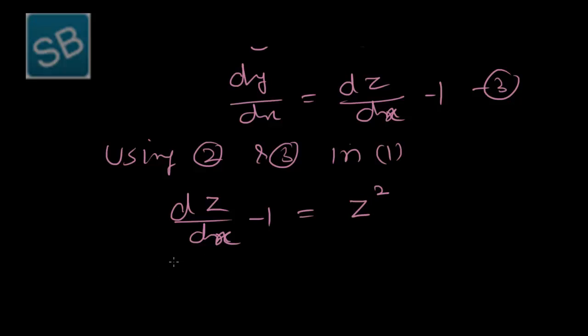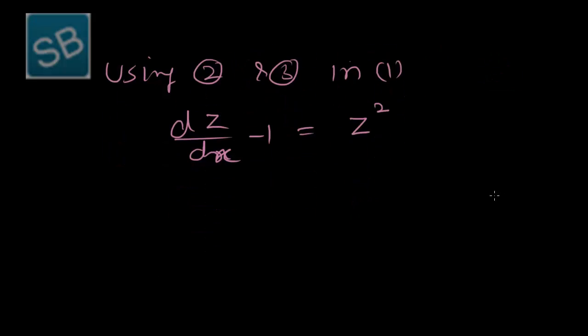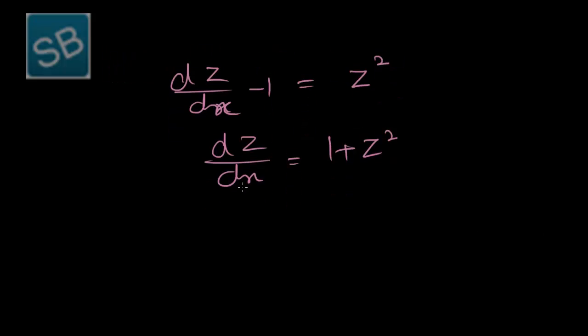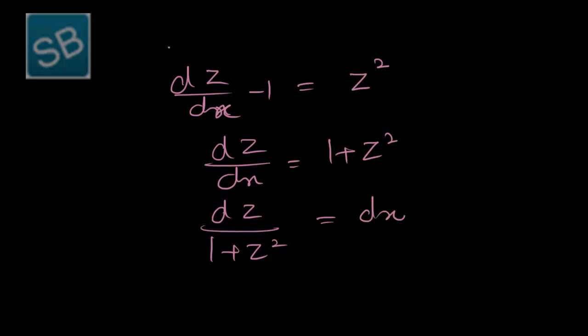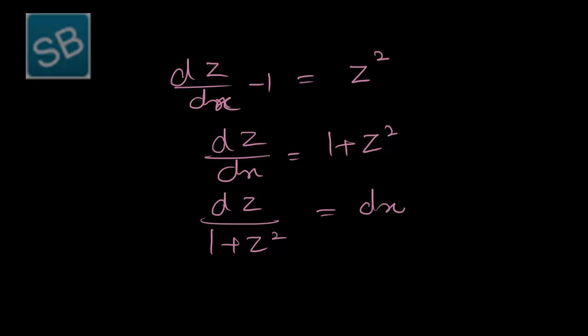Now it can be separated. So here we see that dz over dx is equal to 1 plus z square. Now the variable separable method can be used here by obtaining this separated form of the variables. So this is our required equation to solve by the variable separable method.